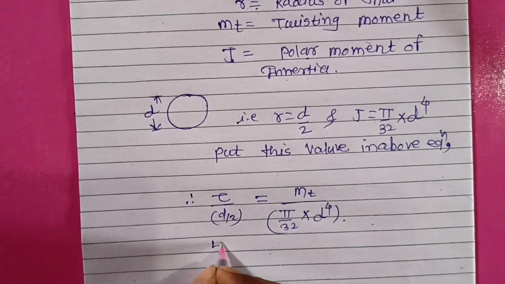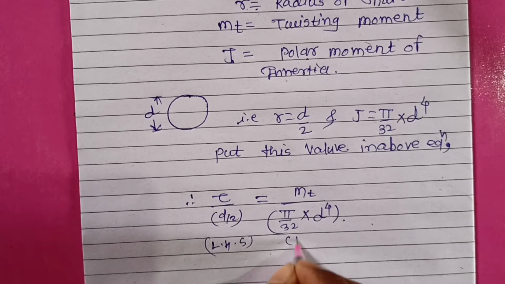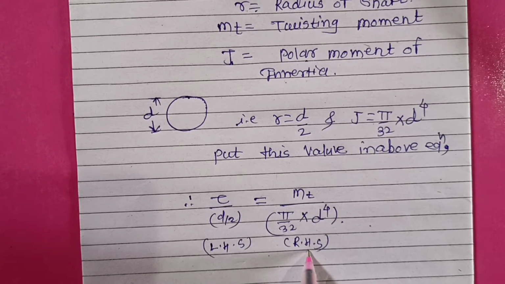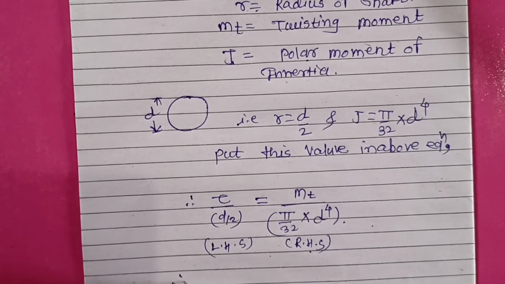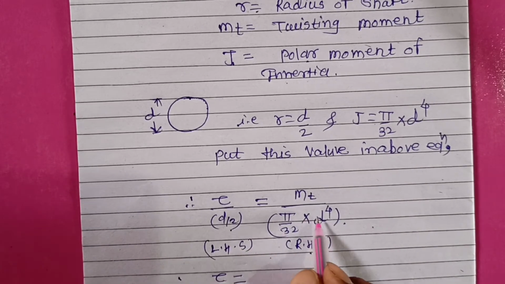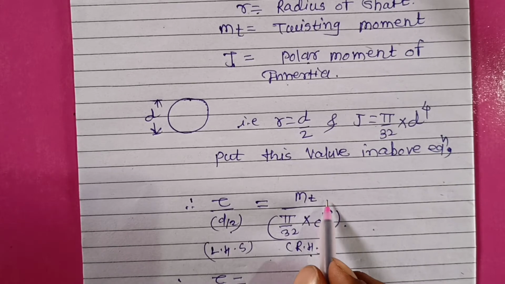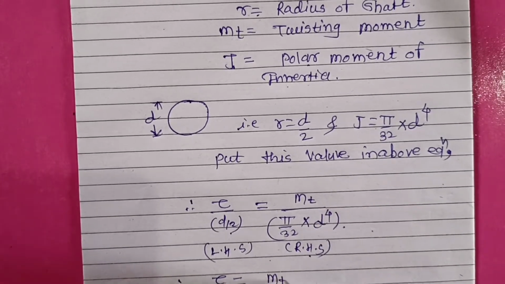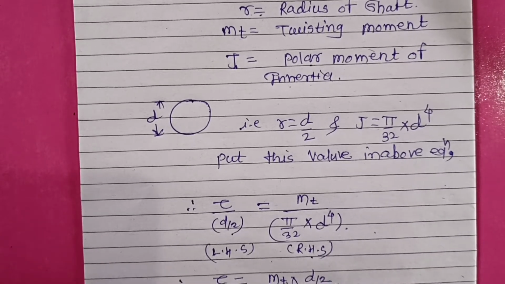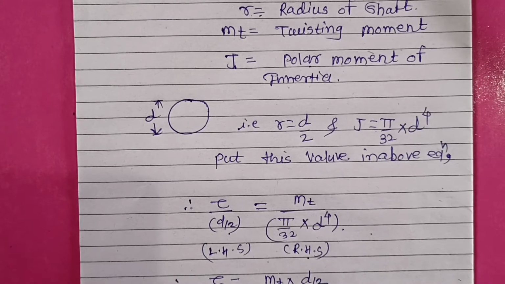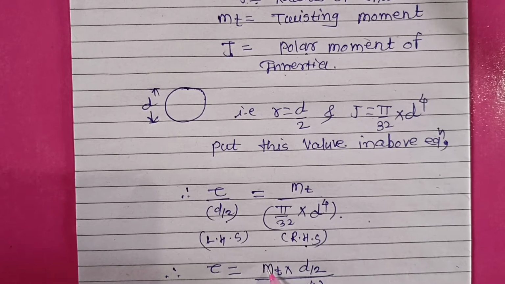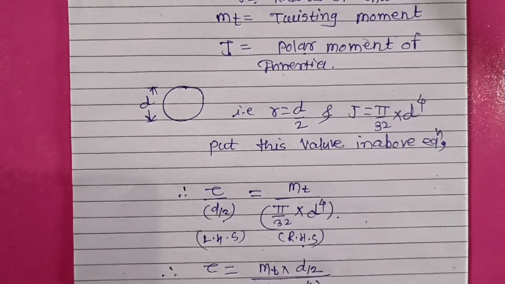Now see here, this is the left hand side and this is the right hand side. Take all terms to the right hand side. Now tau is equal to, this is a denominator, now transfer to the right hand side, and the denominator becomes the numerator: Mt into d by 2 divided by pi by 32 into d raised to 4.